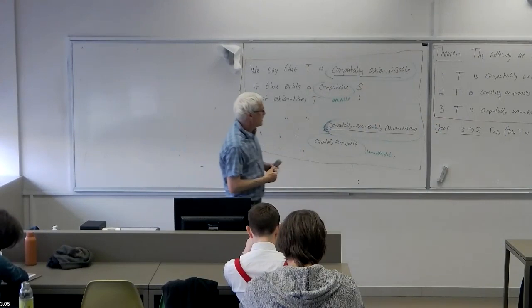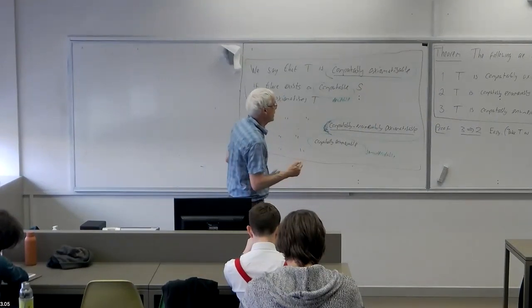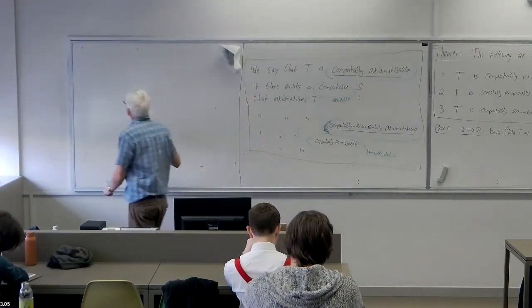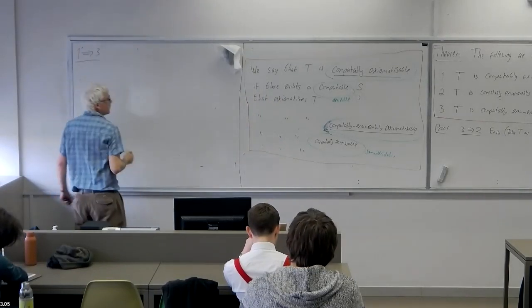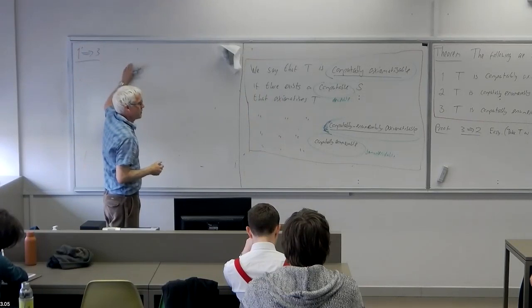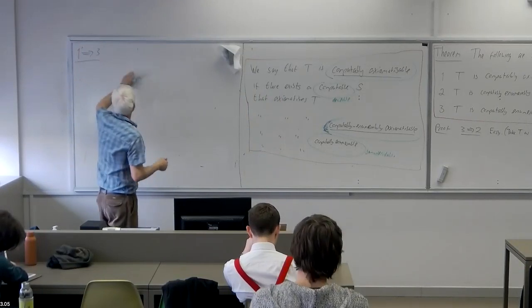So which direction do we need? 1 implies 3. So we suppose that T is computably axiomatizable, and we want to show that T is computably enumerable.